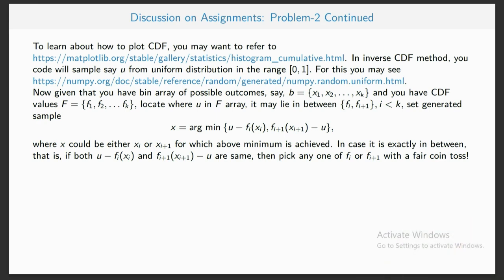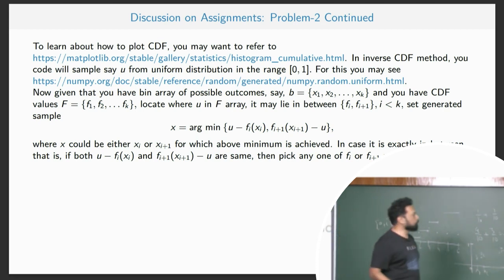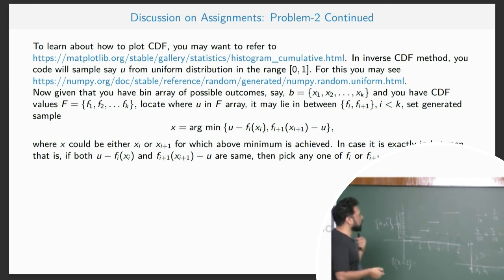The cumulative will also be discrete values, f1, f2, fn, and they take values between 0 and 1. So we have the array and vector, and we have the f values calculated for those, and that is what we need now to generate via the inverse CDF method.